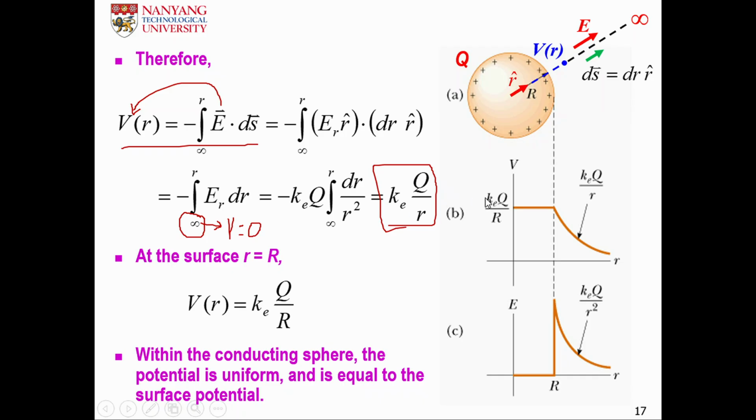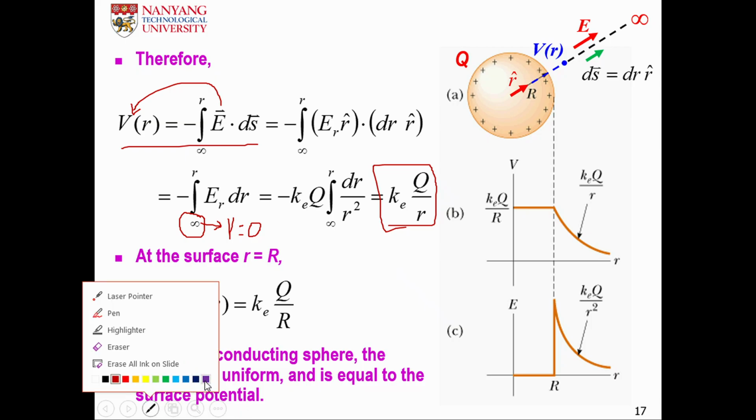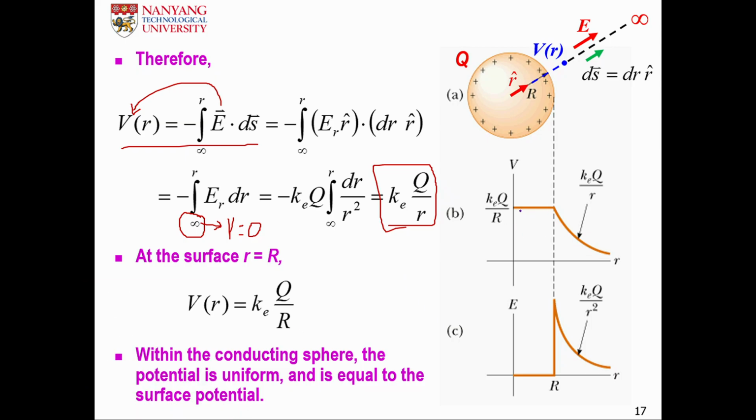So you can see if you try to plot this electrical potential as a function of distance, inside the conductor it's a constant, a finite constant value. And outside the conductor it decays as a function of 1 over r. While for the electrical field E, inside is 0.